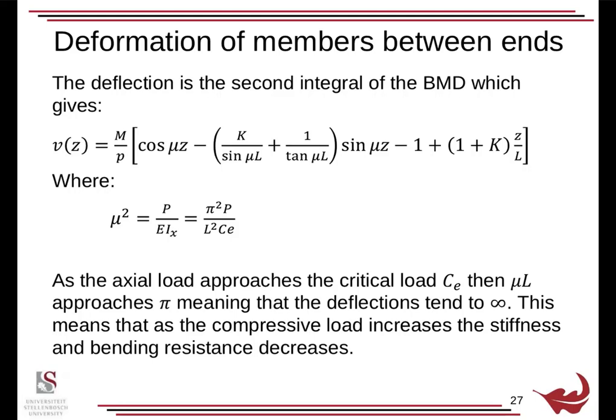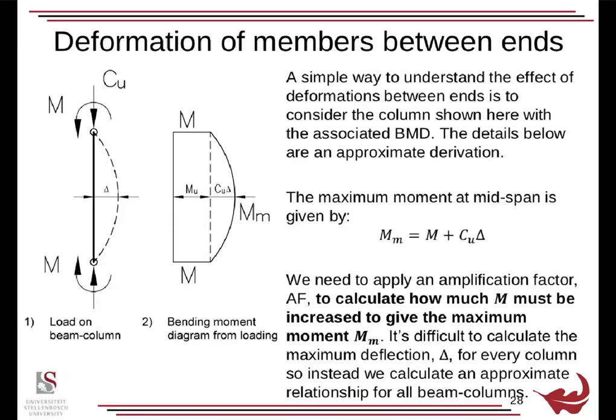As the load approaches the critical load CE, then mu L approaches pi, meaning the deflections tend to infinity, i.e. as the compressive load increases, the stiffness and bending resistance decreases. So simple case, if we've got a simply supported member, uniform moment each side, and then it deflects, then we have a P delta moment of Cu times delta.